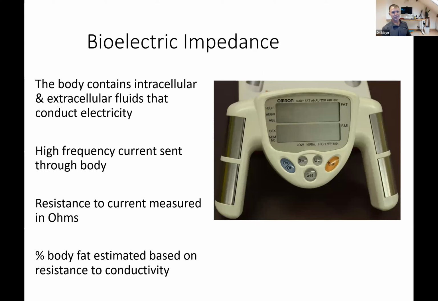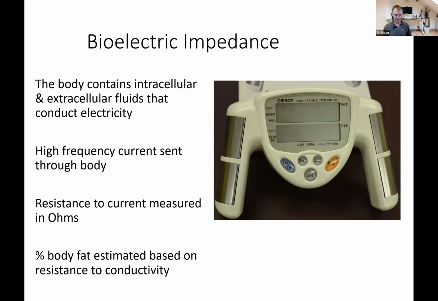These devices are relatively cheap. Even this skinfold caliper back in the day used to cost $150. So it's not too expensive, but still $150. This bioelectrical impedance device, you could probably buy on Amazon for $50. I don't know. But the way this works is, your body is basically an electrical conductor.